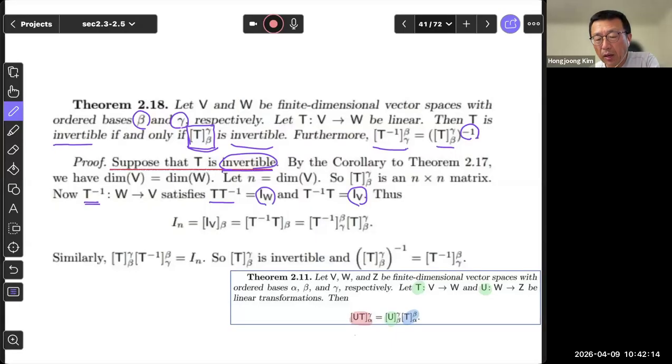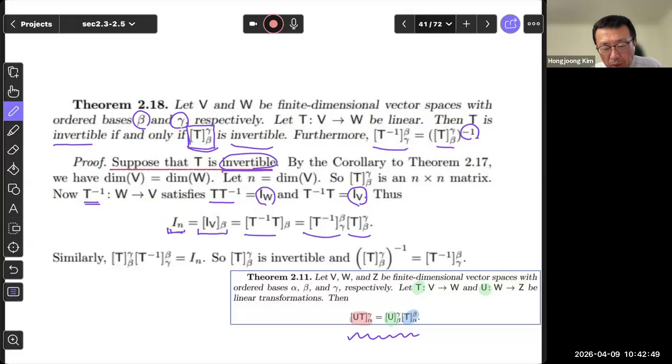Okay. And identity mapping has the identity matrix as its representation. So the identity matrix is the representation of this identity mapping, and if I use this theorem 2.11, I can split this matrix as a product of these two.